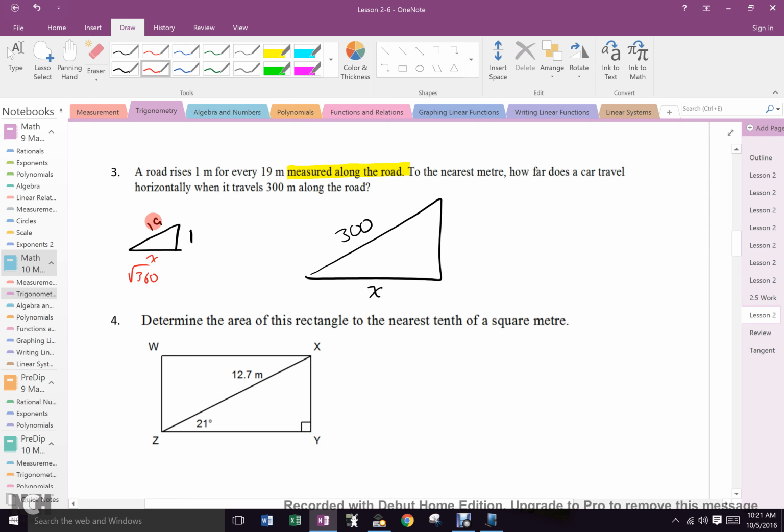Which means if I use my grade 9 knowledge, 300 over 19, because you can compare hypotenuses, because these are similar triangles, is the same as x over the square root of 360. And then you cross multiply, yes? 300 times root 360 divided by 19.